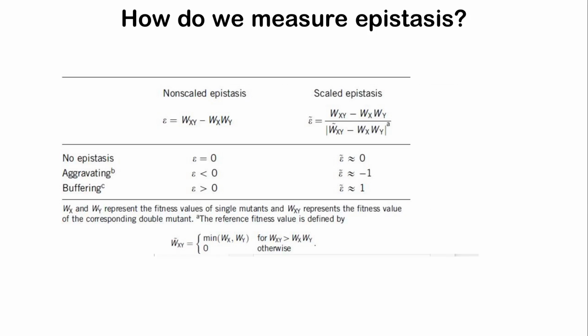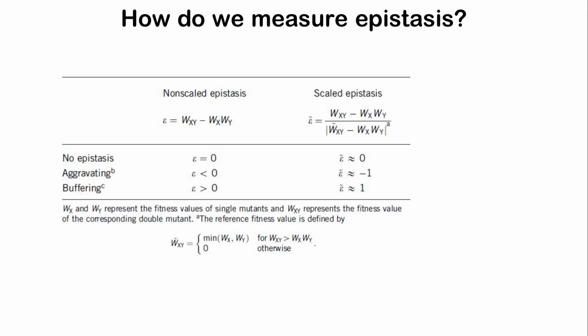So for instance, if the single mutants each reduce fitness by half, the product of this would be 1/4. A neutral epistatic interaction would be that the double mutant had 1/4 of the original fitness.